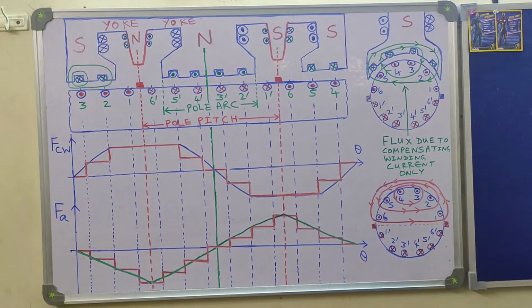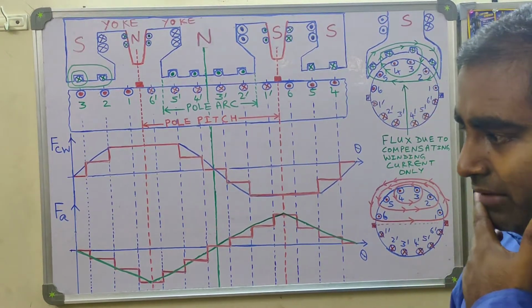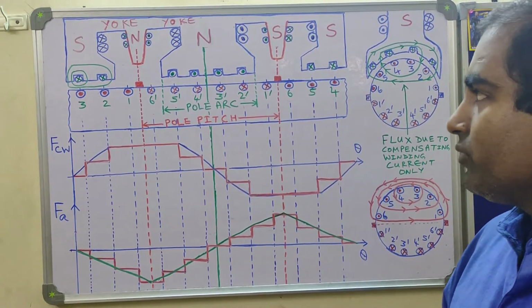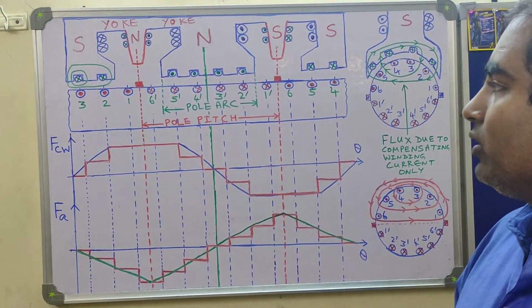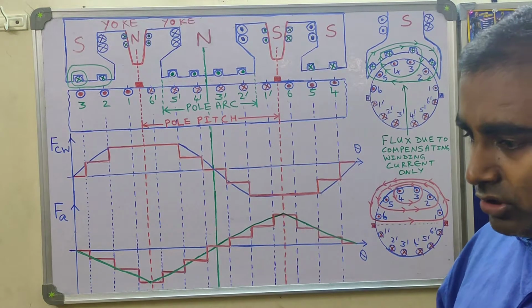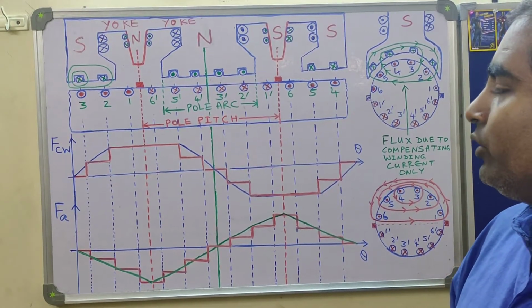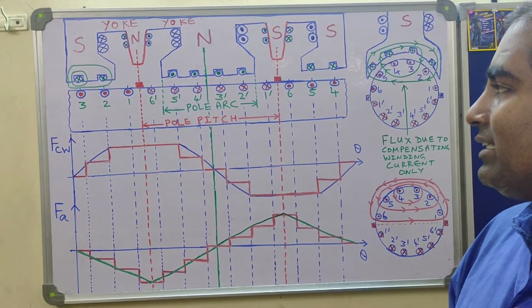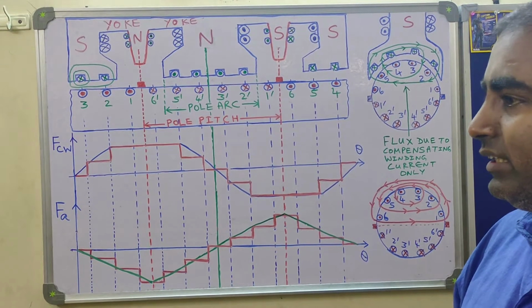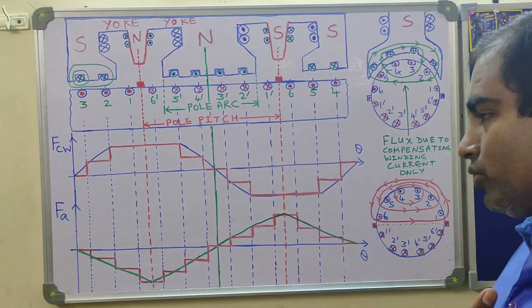So due to very large armature current, the armature reaction effect becomes very strong and predominant. In that scenario, there is a huge distortion of the field flux density waveform, and due to this huge distortion, at some pole tip the flux density is increased to a very high value, and at some pole tip it is decreased to a very low value.